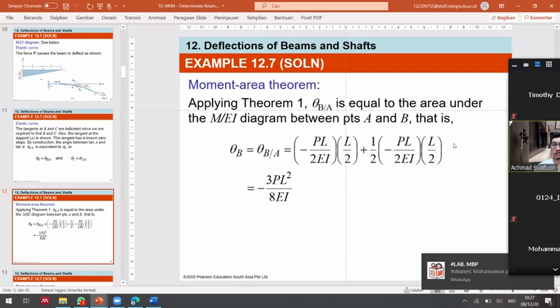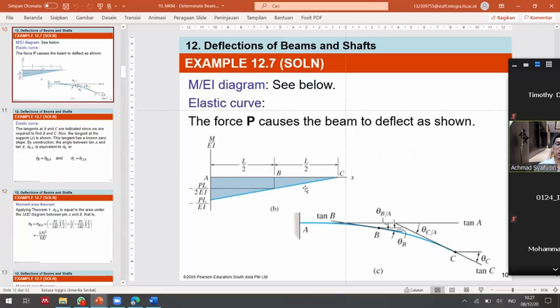This is the moment area, the total area below the diagram. So you see here, sometimes we can consider only a triangle, and sometimes we have to divide into two areas, triangle and rectangle.